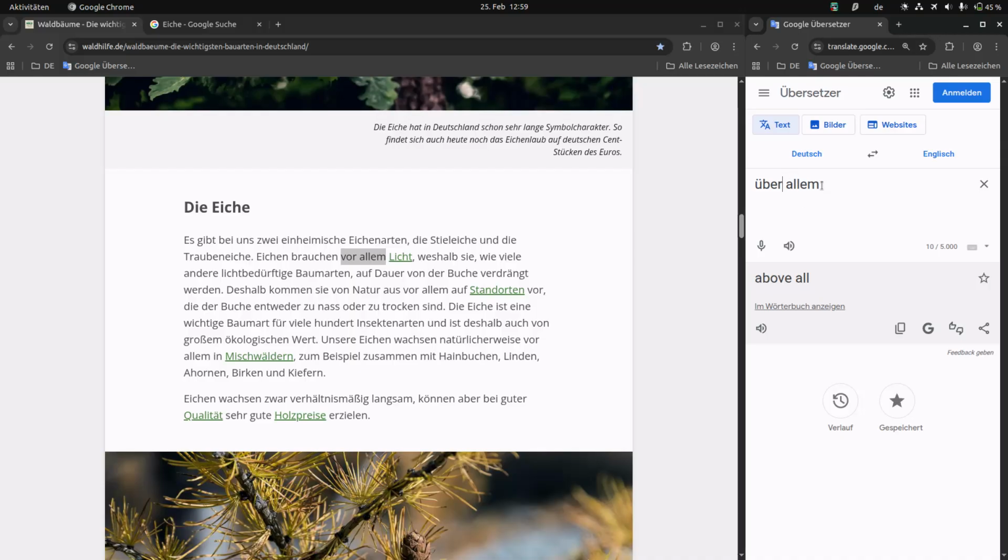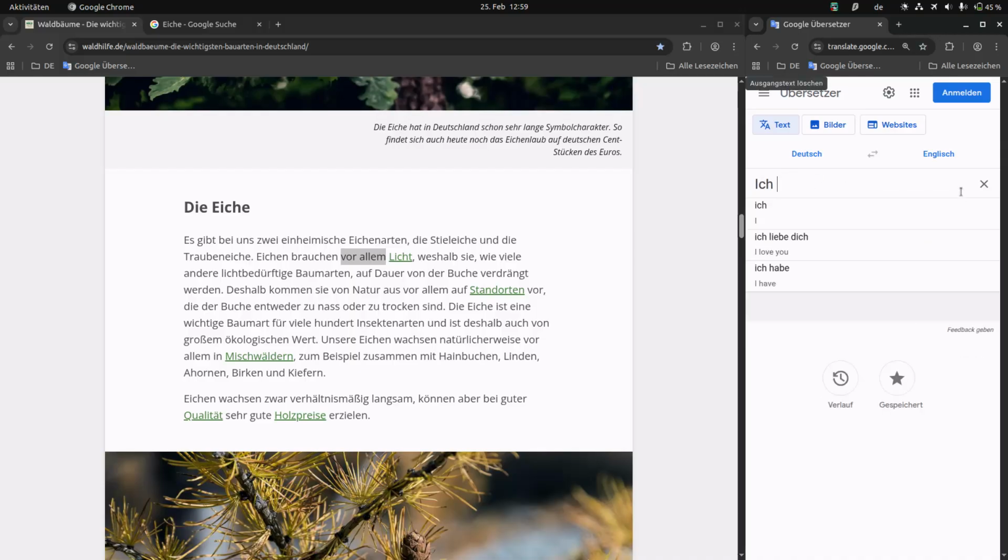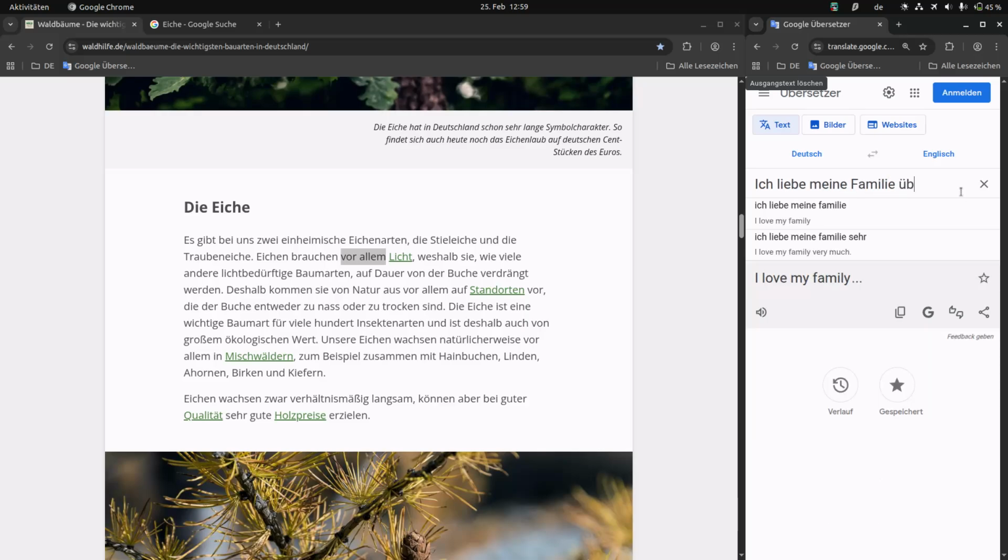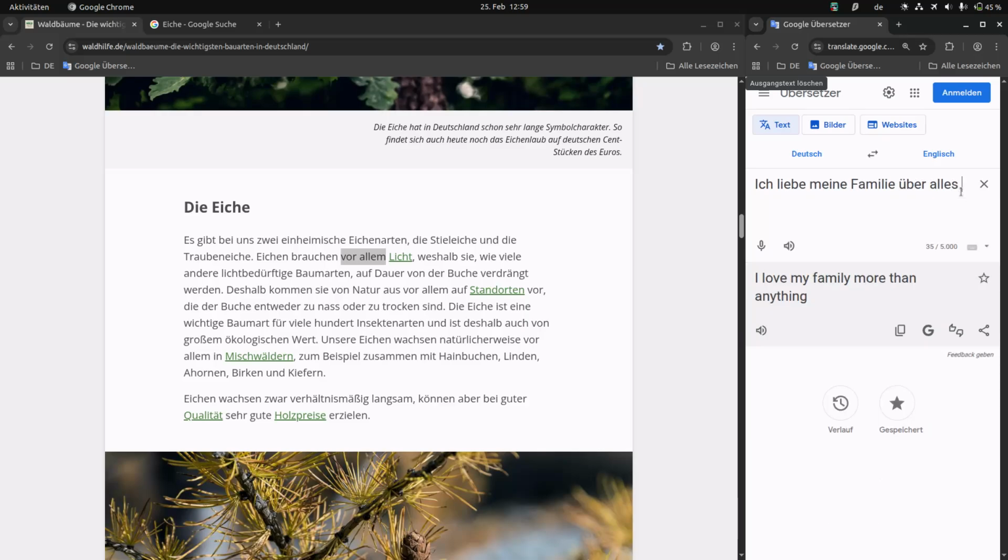This is also, for example, a saying. For example, ich liebe meine Familie über alles. You can recognize that this is a saying, because it would be the wrong case, since you would have to say über allem, like über wem.